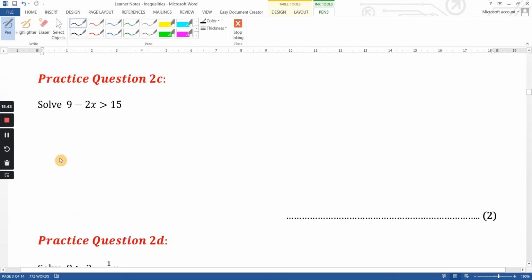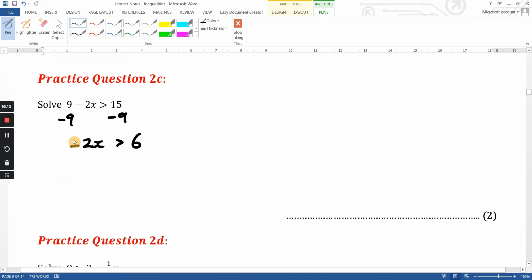Practice question 2C. So this one's where I've got a negative x. So I'm going to do this. You know what? I'm going to keep it there. I'm going to get rid of the 9. So I'm going to minus 9 here, minus 9 here. So I've got minus 2x greater than 6.